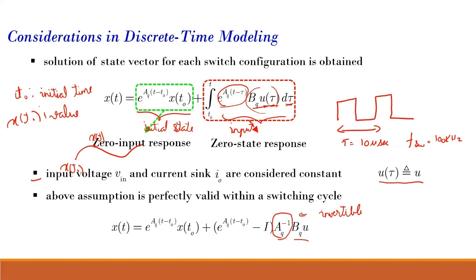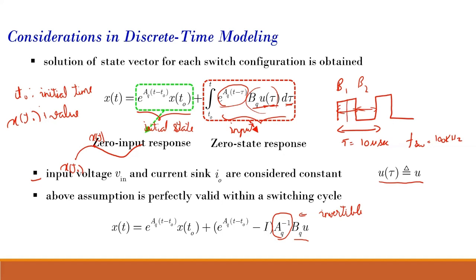Sir, how is this Bq constant because of u? So we will assume either the switch is on or it is off. When the switch is on, I have B1, and when it is off, I have B2. This integration which I am doing is only when the switch is on or when the switch is off.